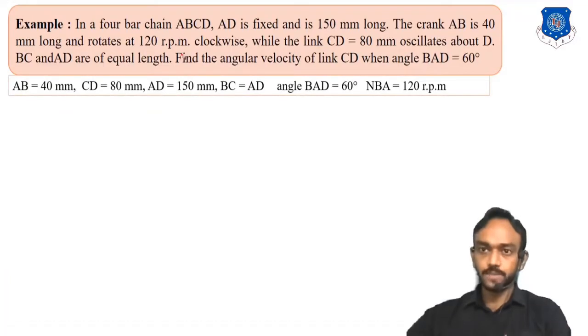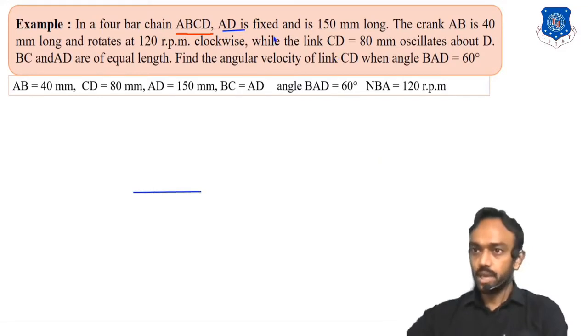So you can see here in a 4-bar chain mechanism ABCD, AD is fixed, so I can draw the AD here, and its length is 150.